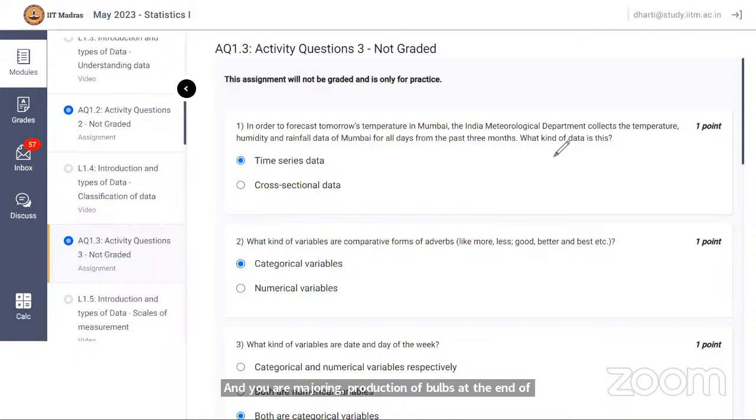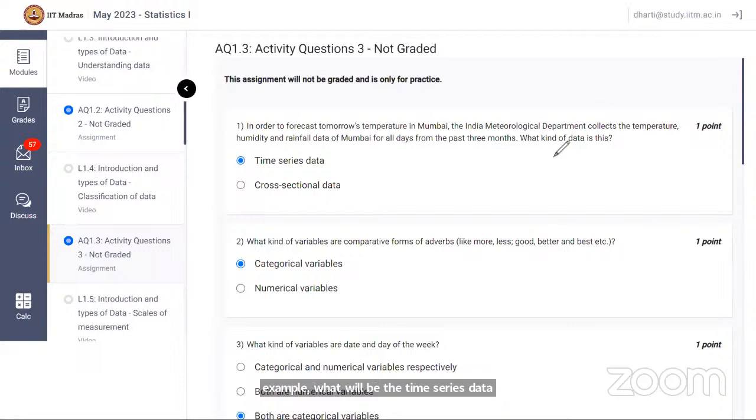You have fixed a date, let's say June 30th, and you are checking your production on June 30th for all the previous 10 years. This kind of thing is cross-sectional data. Then, with the same example, what will be the time series data in the production of bulbs for 10 years?